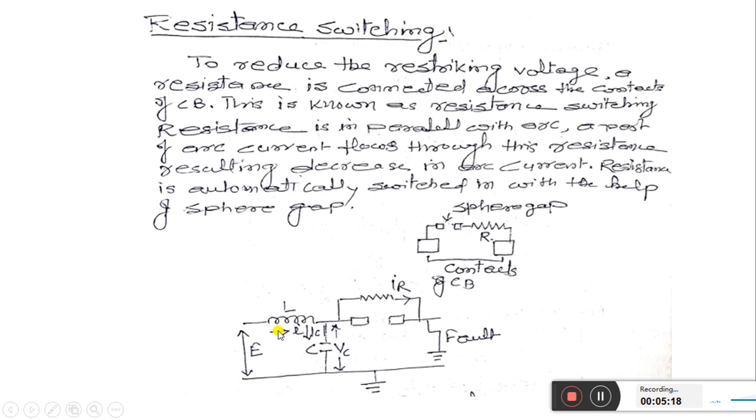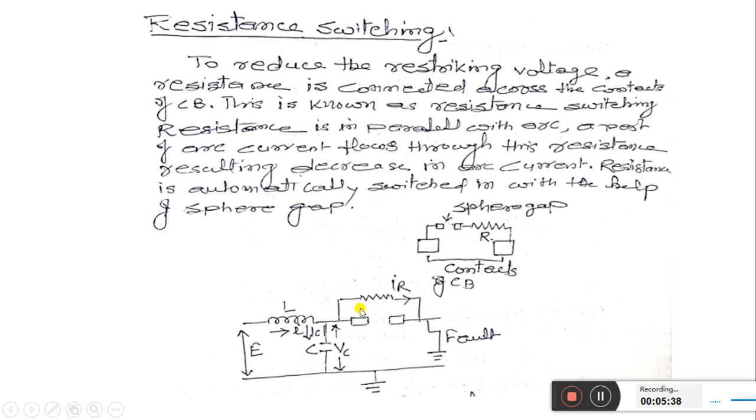So what is the total current I? I is equal to IC plus IR. Why? Because IR is the part of the current bypassed through the resistance when the sphere gap actuates and the resistance is connected across the circuit breaker contacts.